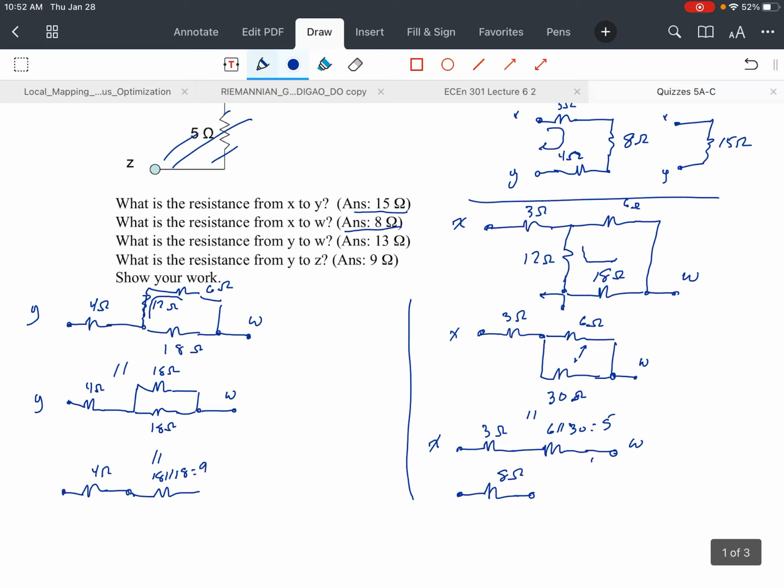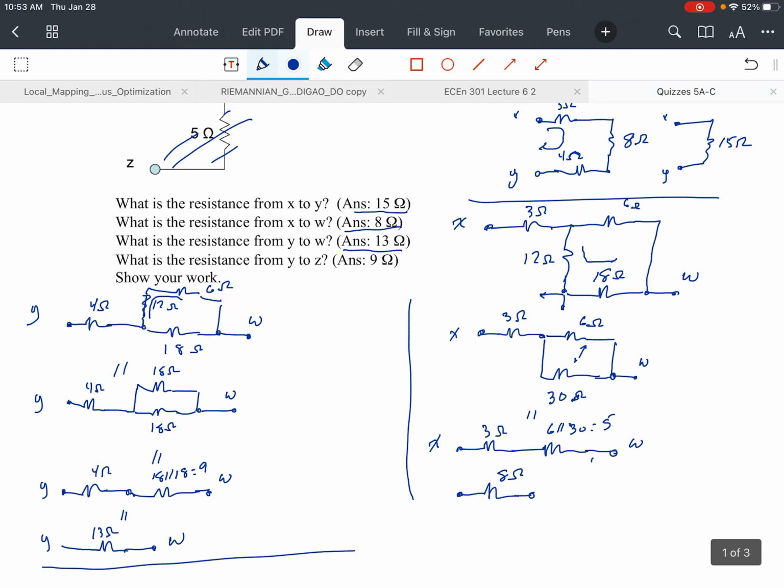So from Y to W, this is equivalent to 9 plus 4, or a 13 ohm resistance. Okay, so we get the right answer, luckily.